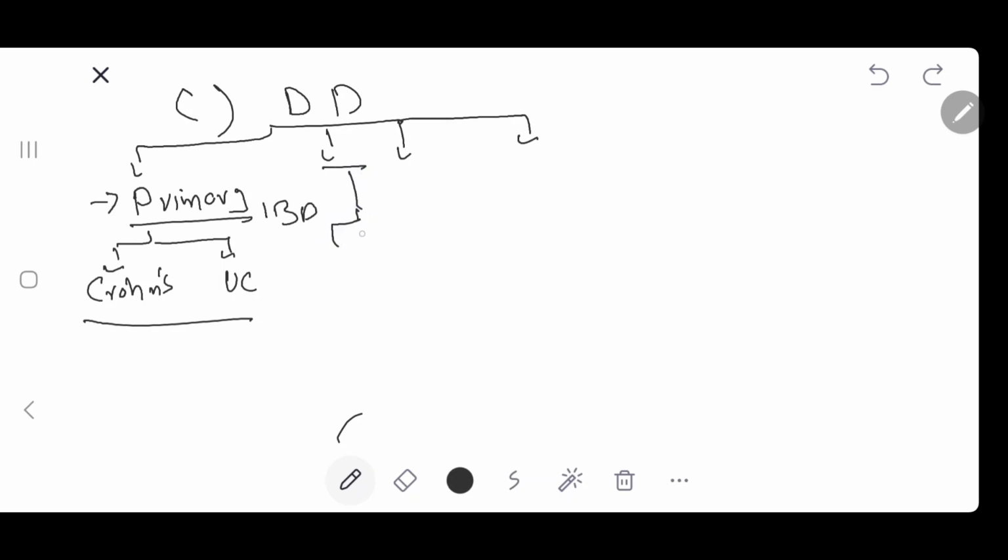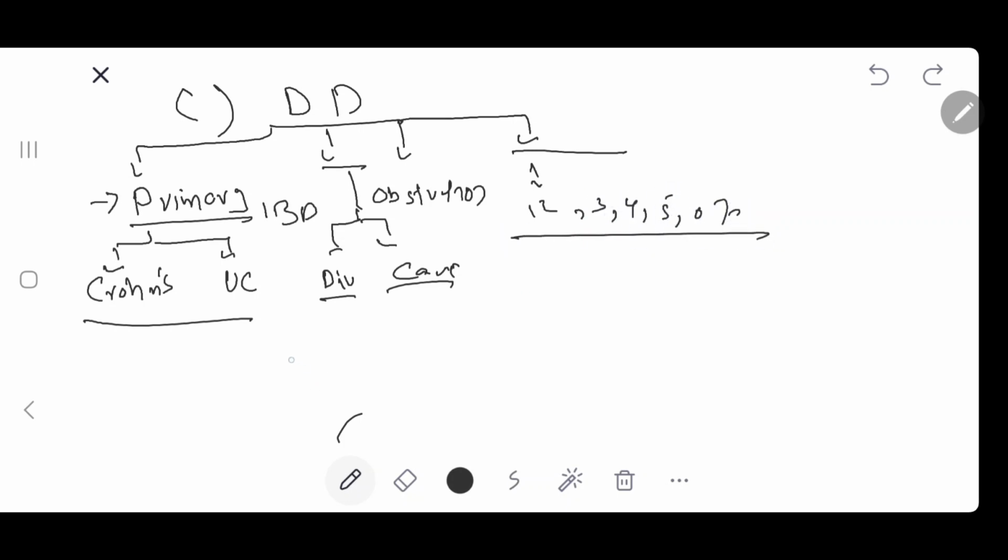We can have maybe an issue such as obstruction, and here they have mentioned the reason for the obstruction such as diverticulitis or carcinoma, and we have maybe different differentials: 1, 2, 3, 4, 5, 6, 7, maybe 7 differentials.